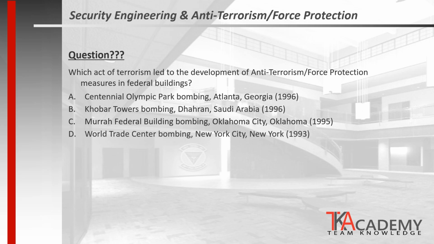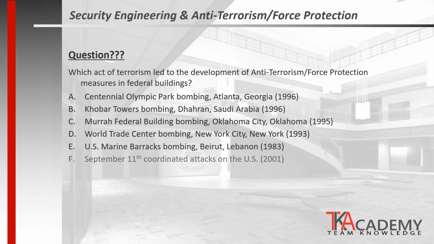D. The World Trade Center bombing in New York City, 1993. E. The U.S. Marine Barracks bombing in Beirut, Lebanon in 1983. F. The September 11th coordinated attacks on the U.S. in 2001. Or G. The Boston Marathon bombing in Boston, Massachusetts, 2013.